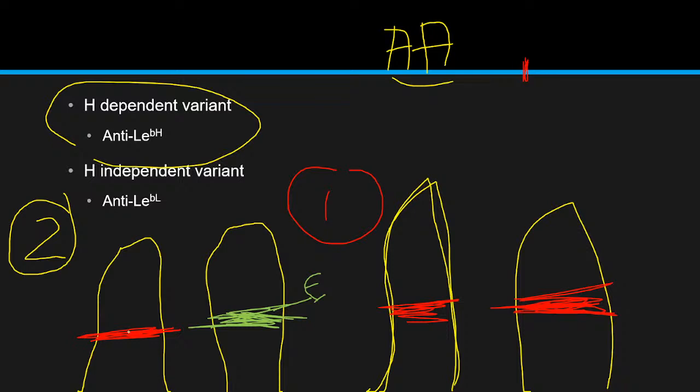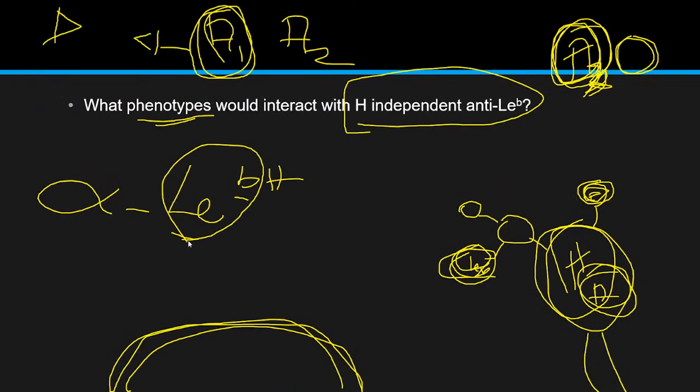This one produces functional enzyme and therefore will produce correct enzymes. However, because of the variance between them, this subgroup produces more enzymes, and therefore there's more A substance on the surface of the RBCs. This one will have less substance on the surface of the RBCs. Nagets nyo yung difference?